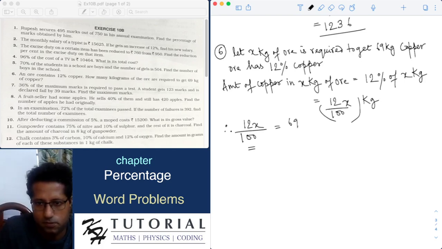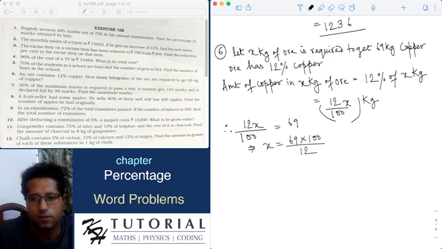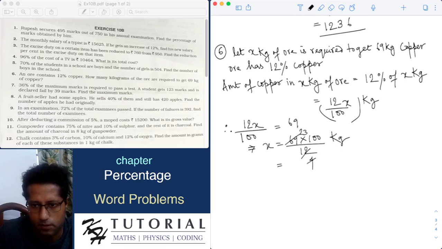So this implies x equals 69 into 100 divided by 12 kilogram. If you simplify this, 3, 4 and 3, 23, and this goes with 25.